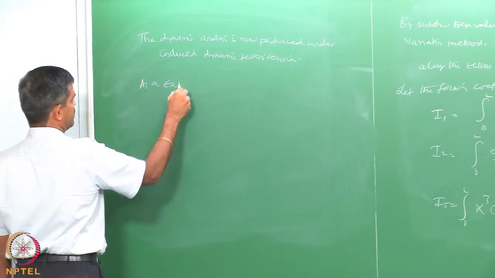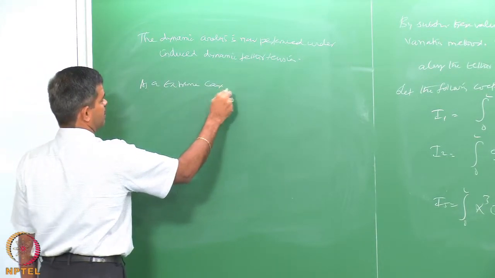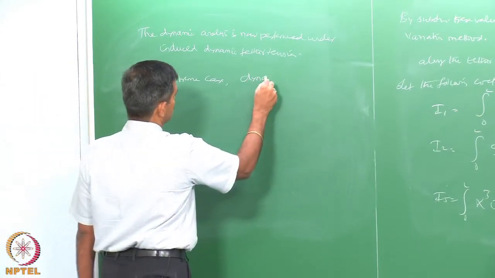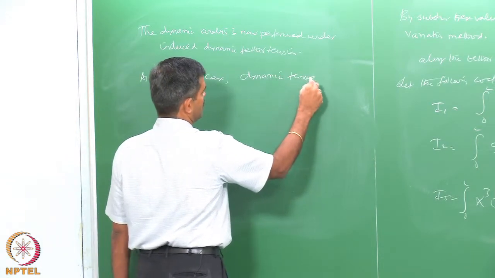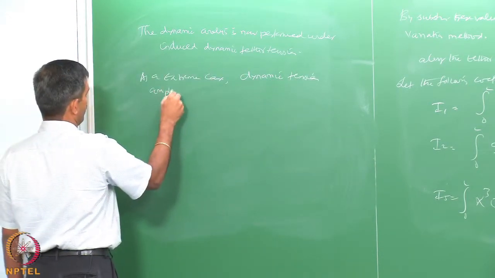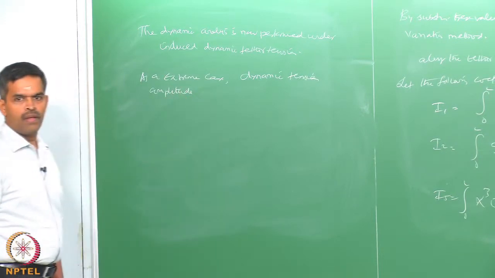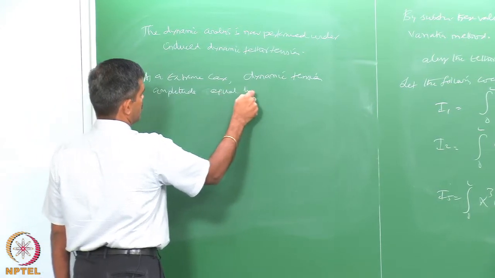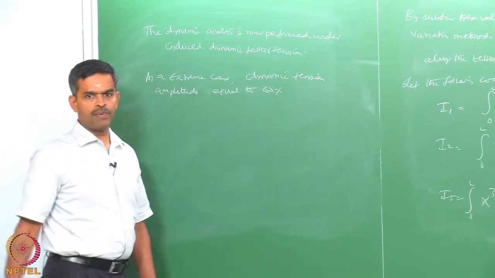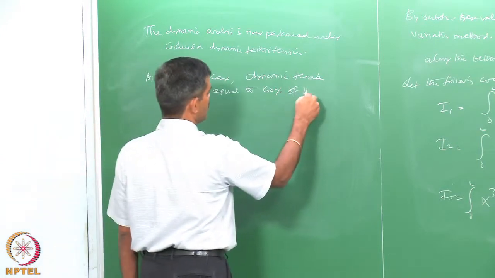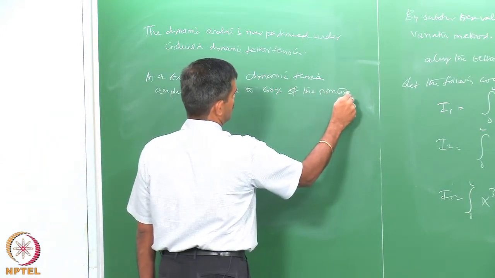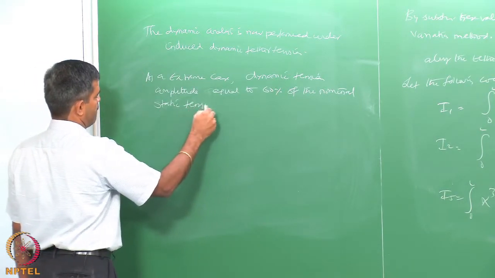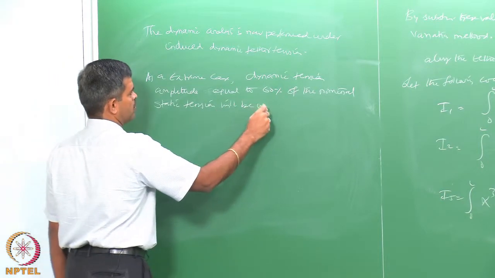As an extreme case, because we are looking for a failure case, the dynamic tension amplitude equal to 60% of the nominal static tension will be imposed.